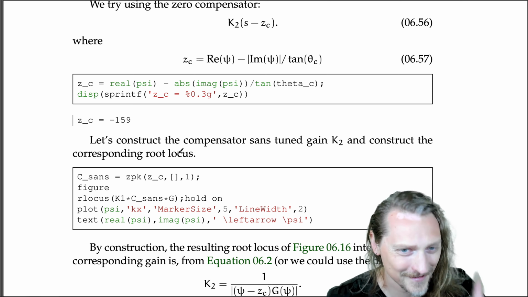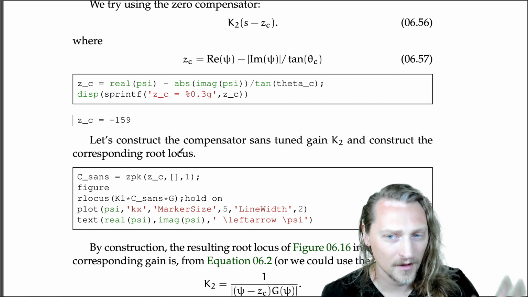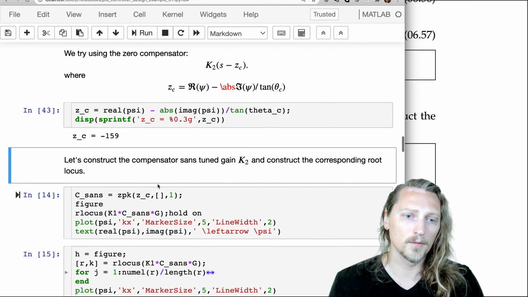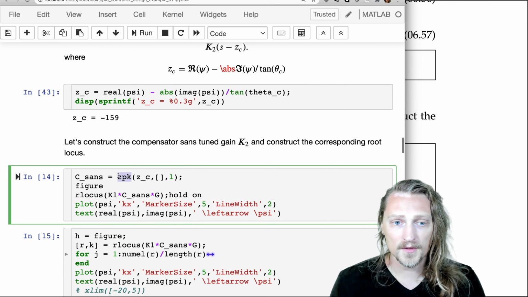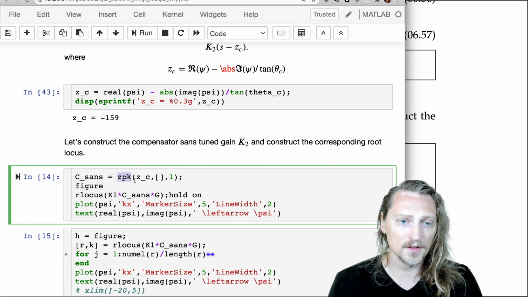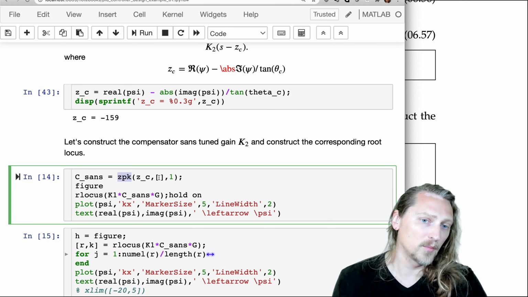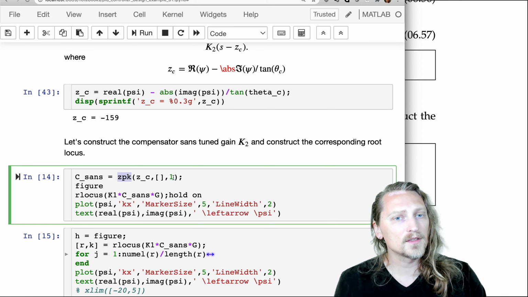Let's construct the compensator sans tuned gain K2, without it, and construct the corresponding root locus. If we use ZPK, we can specify the zero location, if there are any poles, which there are not, and then the overall gain, which we're going to set to 1 to start.